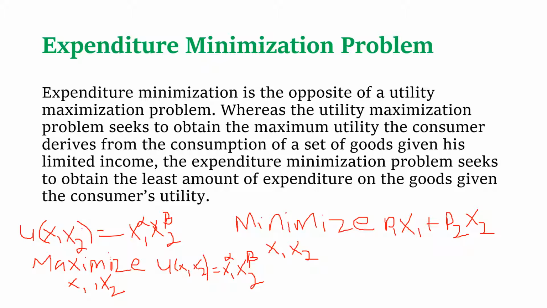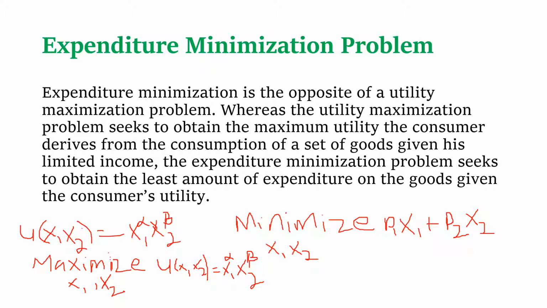So we are saying that in the expenditure minimization problem, we are using the budget constraint as the objective function, whilst in the utility maximization problem, we are using the utility of the consumer as the objective function. So that is self-explanatory.